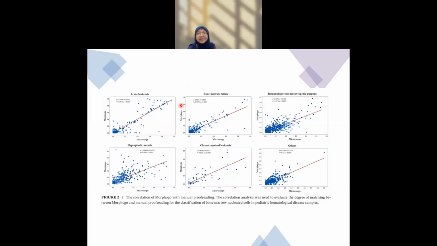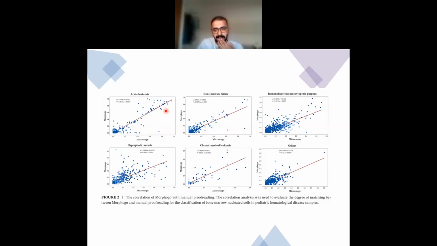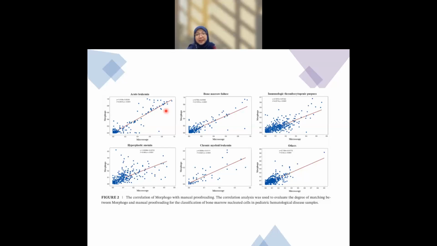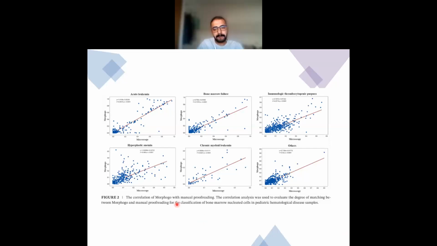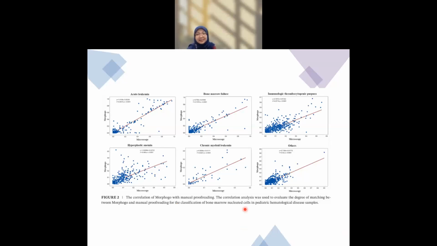I don't know, they didn't mention 95% or 99%. If it's 95%, the p-value should be less than 0.05 to show that the analysis is significant.